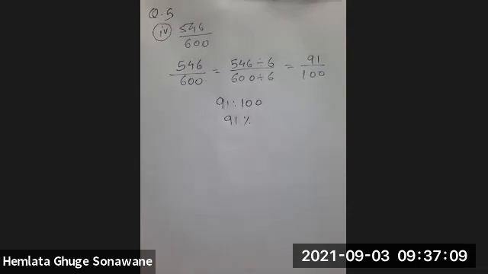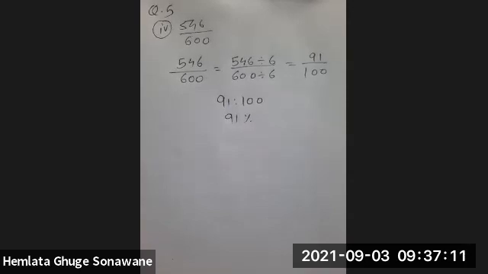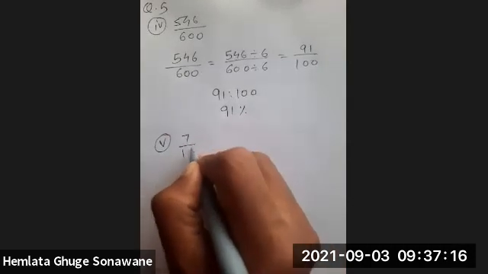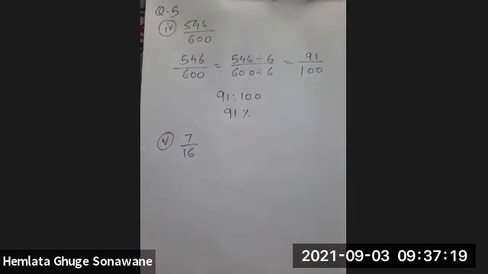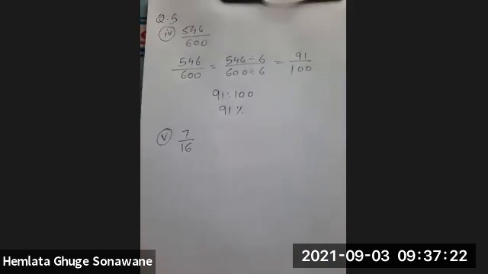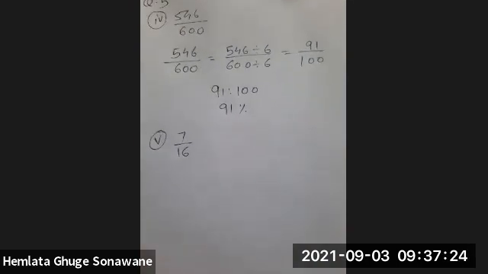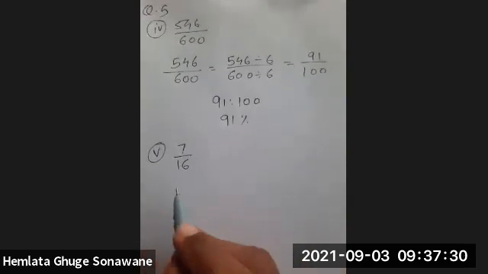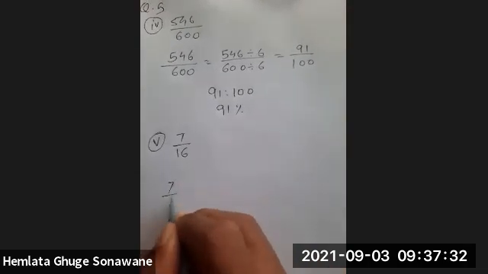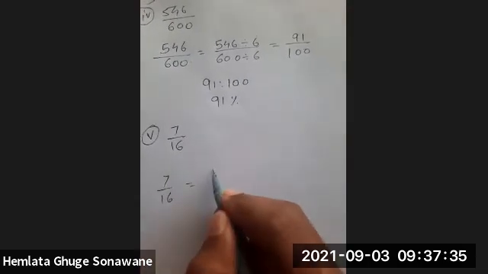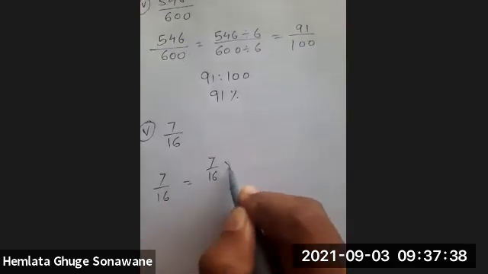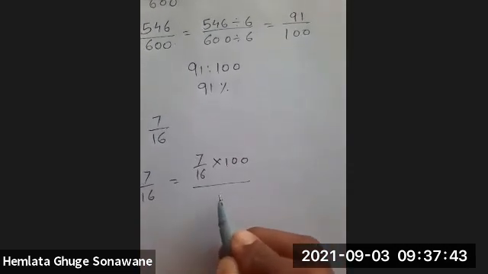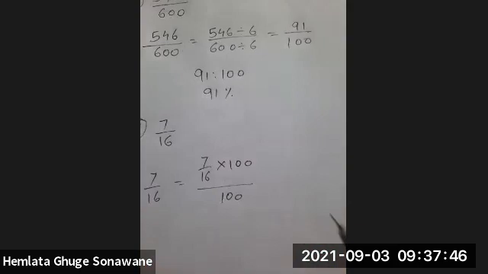Next example of question number 5, that is the fifth one, 7 upon 16. Now we have to convert this into percentage form. So here we'll write 7 upon 16 into 100.